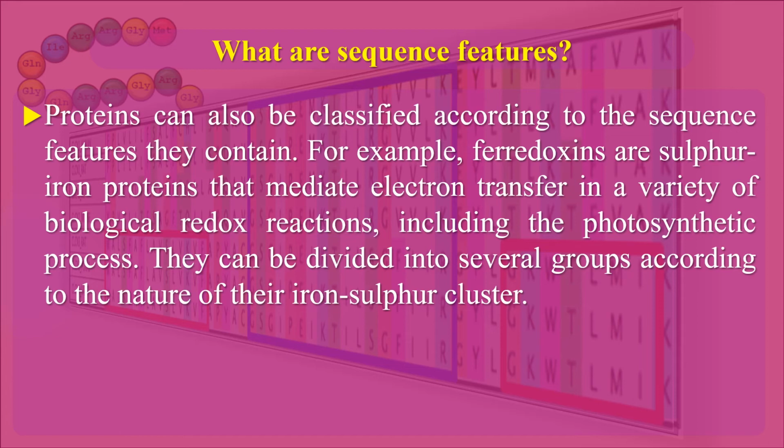For example, ferredoxin, which is an iron-sulfur protein, a carrier for iron, and it has a sulfur part in its sequence, such as cysteine and cysteine, and so on, that mediates electron transfer in a variety of biological redox reactions, including the photosynthetic processes.